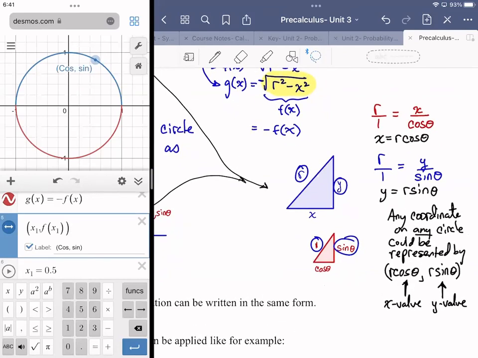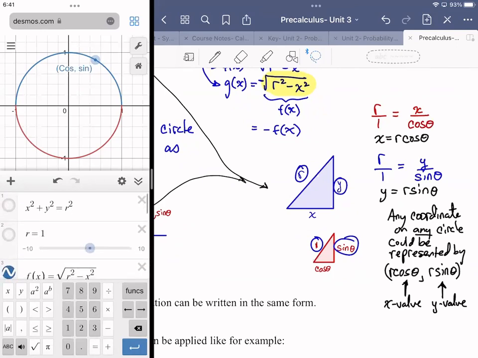Any coordinate on any circle could be represented by that. So if the radius is equal to 1, then it's just cosine comma sine, because r would be equal to 1. But what I can do here, and let me actually open a new Desmos.